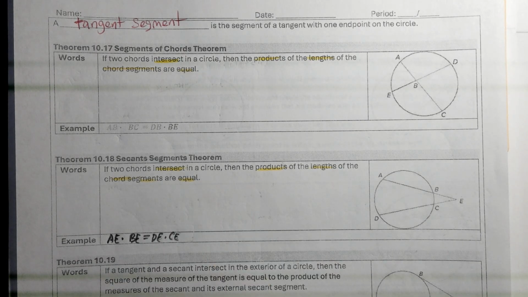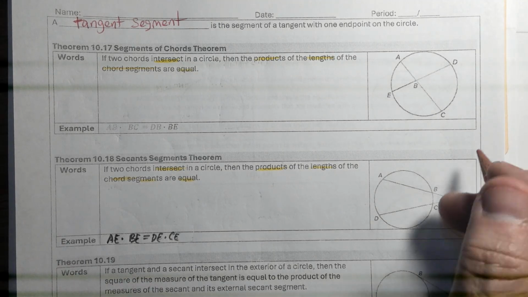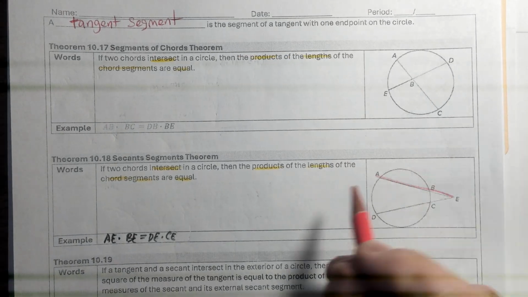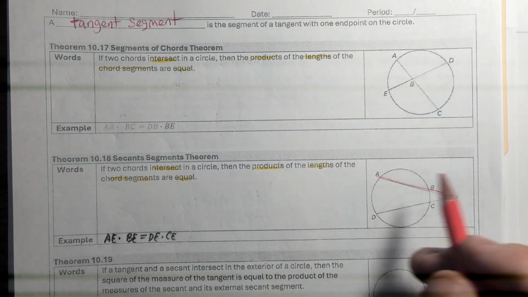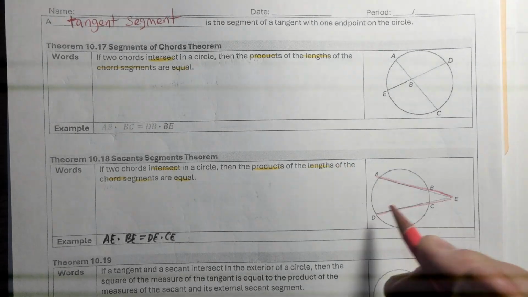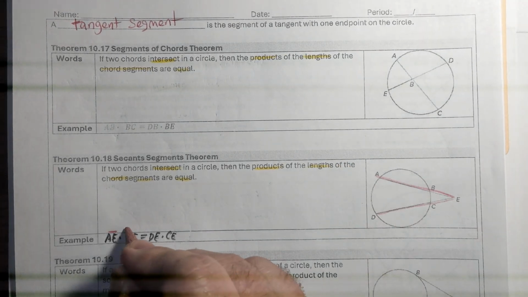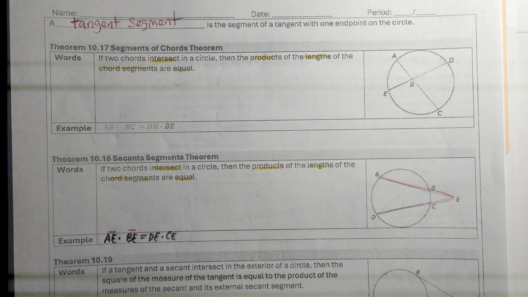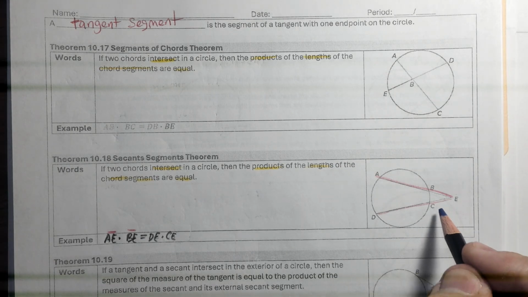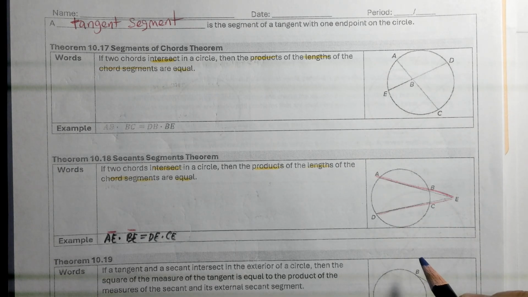So let's see. AE is the whole thing. The products of their lengths. So this times this times this, and I'll just do purple beside it, is equal to the chord segment.